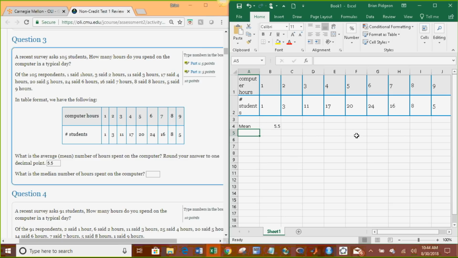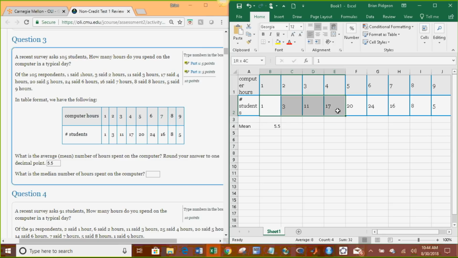So we just need to figure out which of these computer hours results in the 53rd observation in our data set. You can see from this table that number 1 is the first value. Up until number 2, we have 4 of our values. I'm just looking at the sum. Up until 3 hours, we're up at 15, so we have 15 of our data values up until this point. And we're going to keep going down the table.